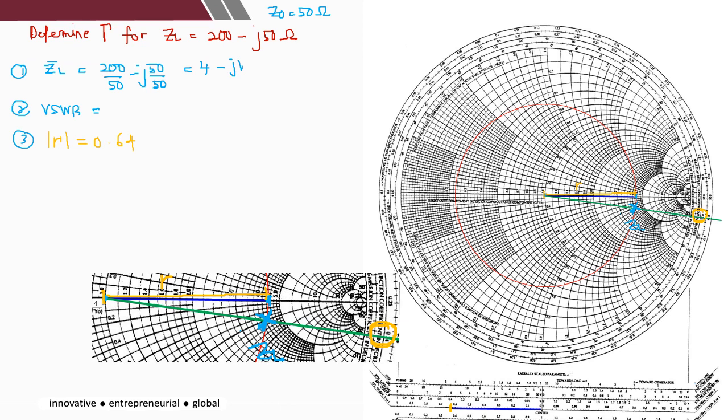I suppose the angle will be around -7 or -8 degrees. Then you can get your final answer: the reflection coefficient is equal to 0.64 with an angle of -7 degrees.